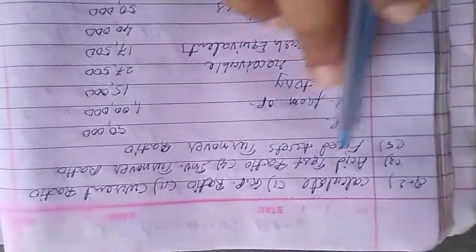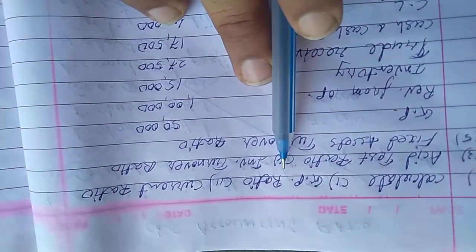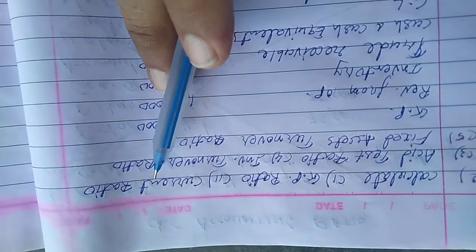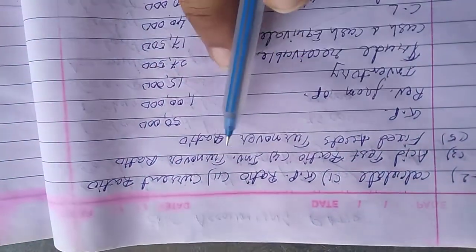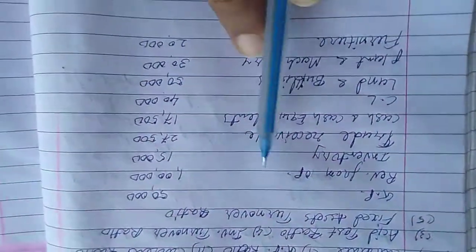Now another sum, number 21 of the NCERT textbook. Question number 21: calculate gross profit ratio, current ratio, acid test ratio, inventory turnover ratio, fixed asset turnover ratio. Here different information is given.